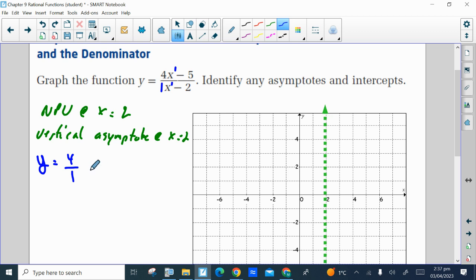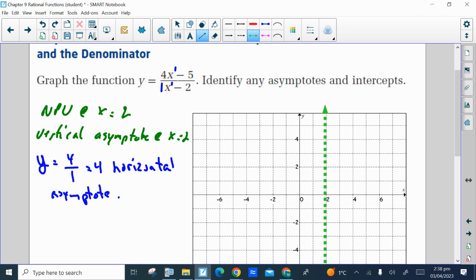So y equals 4 over 1, or y equals 4, is the horizontal asymptote. So if you can remember that, then that saves a bit of time for sure. But you can always graph them like we did, and you'd be able to determine where that horizontal asymptote is. Right, so y equals 4 is our horizontal asymptote.